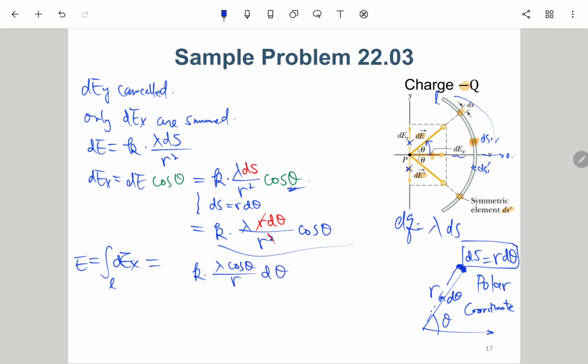We just rearrange it because they are multiplied together, so rearranging the order doesn't change anything. Here we need to consider the lower and upper bound: from negative 60 degree to positive 60 degree, so in radian it will be negative pi over 3 to pi over 3.